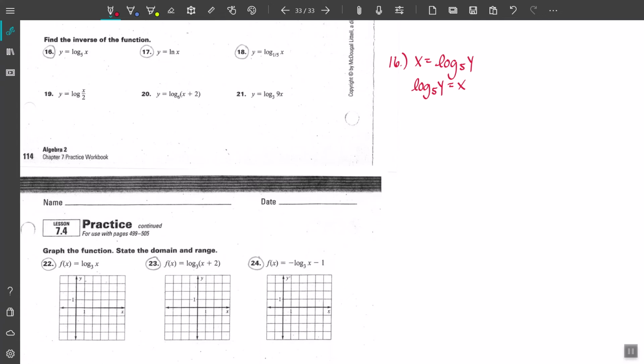So now we're talking about going into our exponential notation. So we're going to take this into exponential form in order to solve for y. So in order to do that, we're going to drop that log, right? We're going to write 5 to the x equals our y.